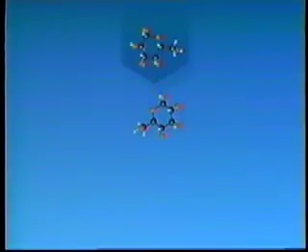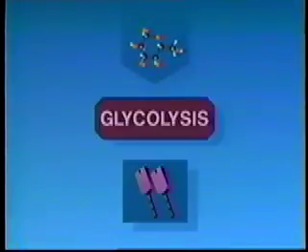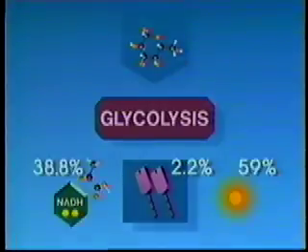Of the energy contained in the original glucose molecule, these 2 ATPs account for only 2.2%. The bulk of the energy is distributed between NADH, pyruvate, and heat.